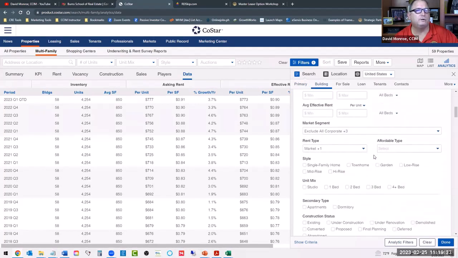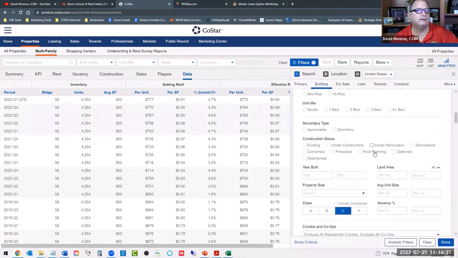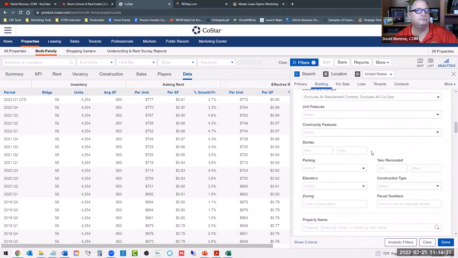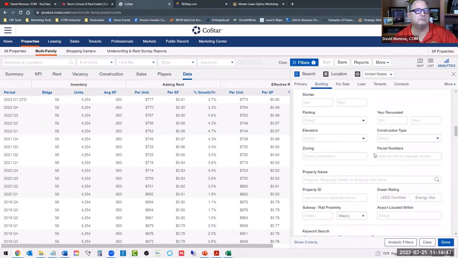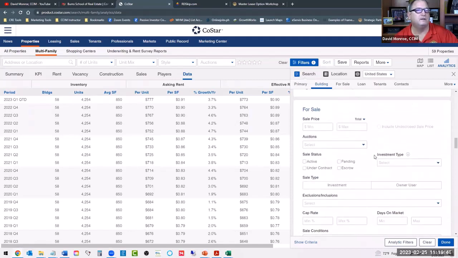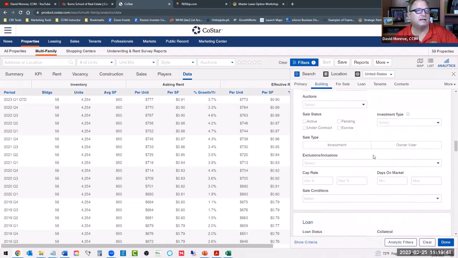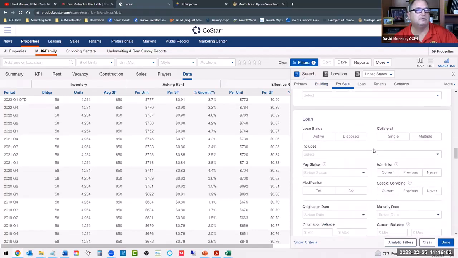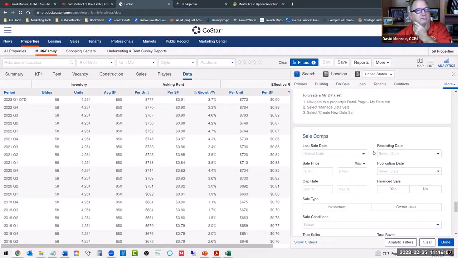Building, rent, affordable, secondary, year built, land, property, features, year renovated, construction, zoning. We don't really want for sale. Exclusion, inclusion, days on market, condition. Yeah, so you'll need to find comps where the last sale date goes back to, and you could care less about the comps themselves.